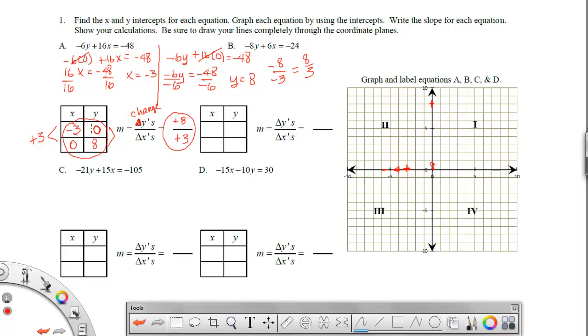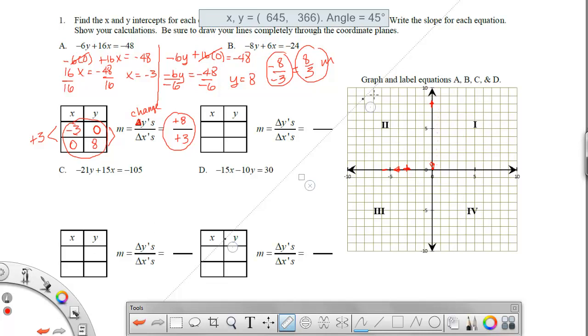So when we have our ordered pairs, our x and y intercepts, and we have correctly found the slope, and we've correctly graphed it, plotted the points, then everything should match. So that matches the line there. This is the slope from here. This is the slope from this line. And these are the two ordered pairs that I plotted here and here. So everything matches, so that means I have done my problem correctly.